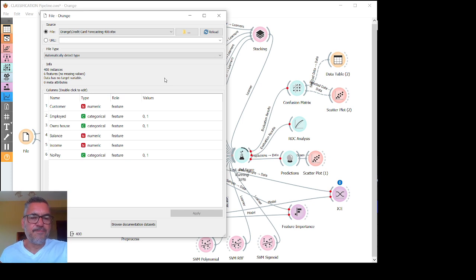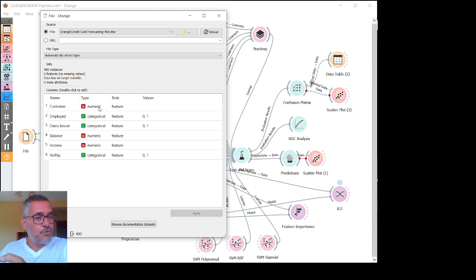Now I have data from credit card customers from a bank with the information, the customer number, whether they are employed or not. As you can see here, Orange already recognized this variable as categorical.